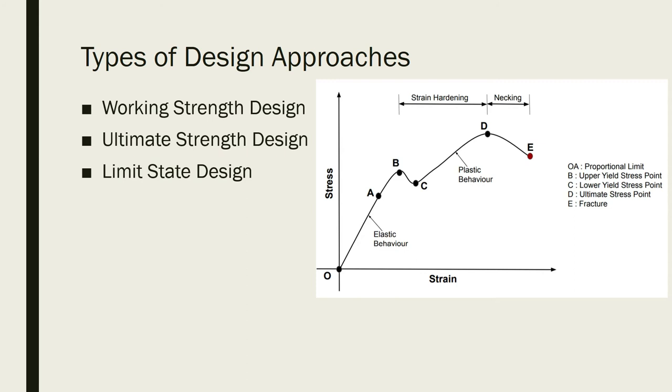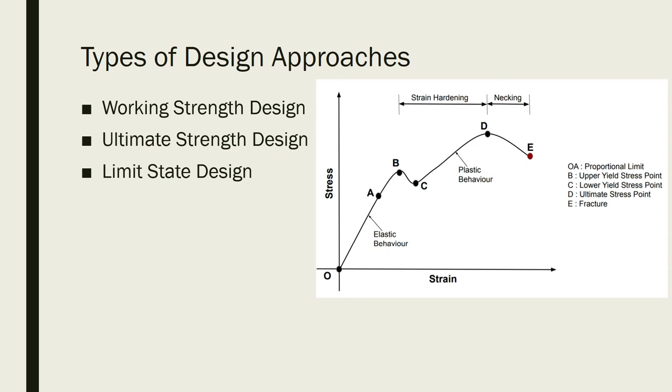And the working stress method is the first design approach that has been developed by mankind, and within this design we assume that our structure is acting within the elastic region of the stress strain graph.